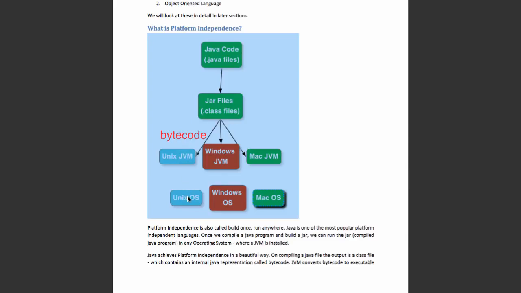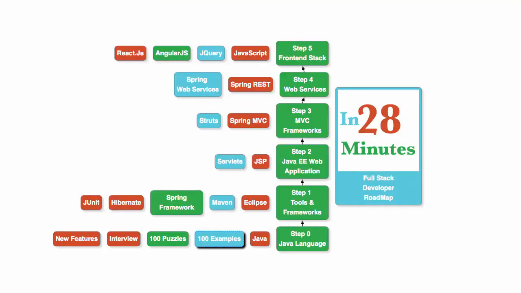So even though the executable instructions of Unix are different from that of Windows, the way Java achieves platform independence is having a different JVM for Unix and a different JVM for Windows. However, the common thing for those two JVMs is the fact that they both understand bytecode, and they would convert this bytecode to the executable instructions of that specific operating system.